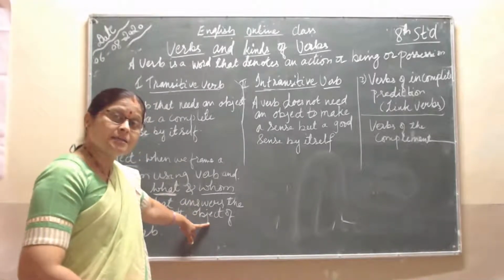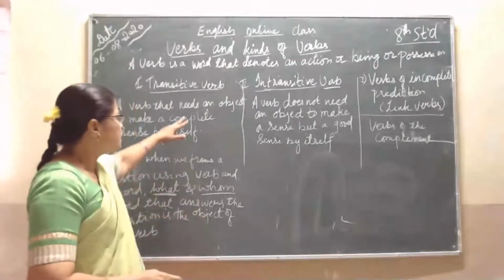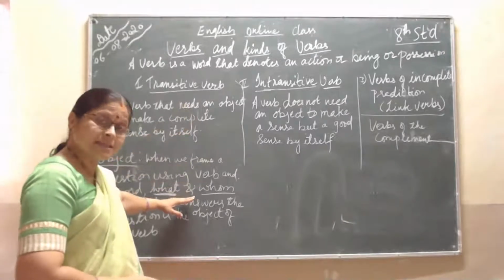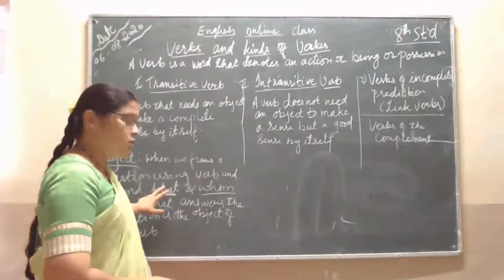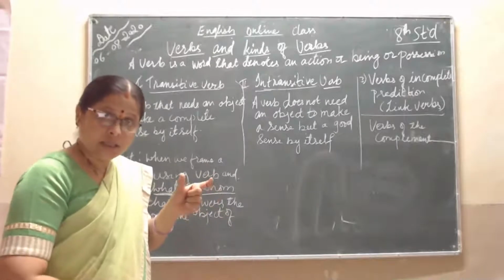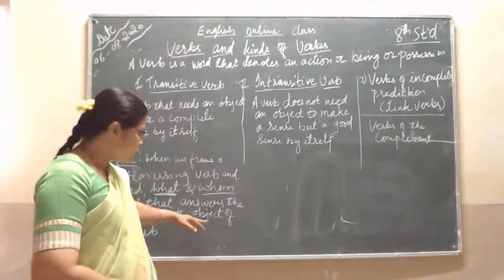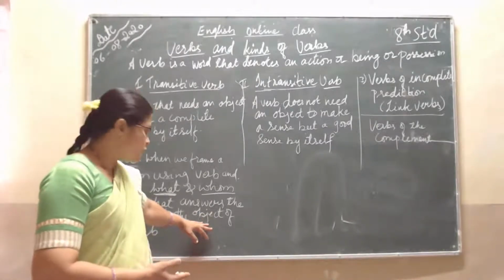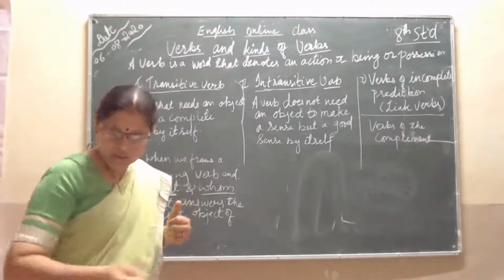That word is the object. So transitive verbs need an object. I'll give examples, and you will easily understand what the object is and how to frame the questions. Okay.